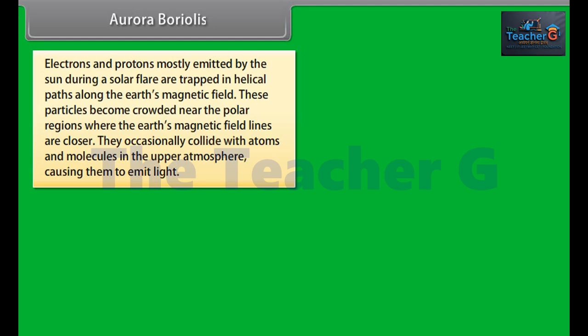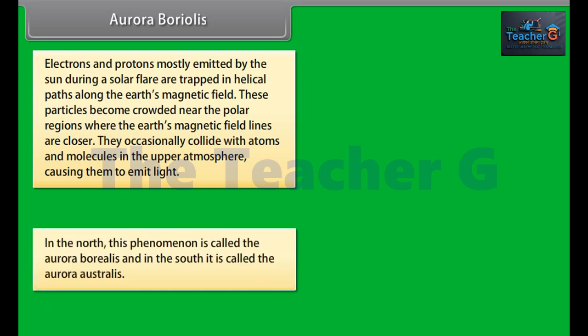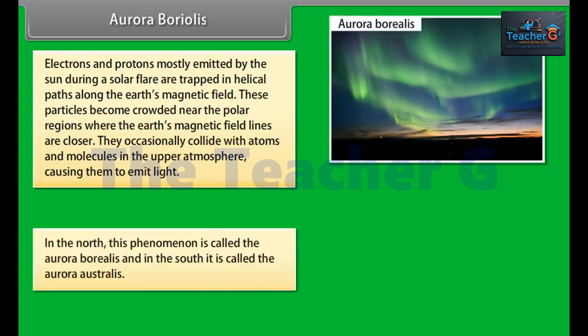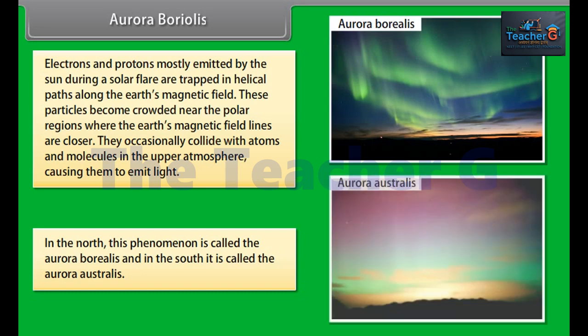These particles become crowded near the polar regions where the Earth's magnetic field lines are closer. They occasionally collide with atoms and molecules in the upper atmosphere, causing them to emit light. In the north, this phenomenon is called the aurora borealis, and in the south, it is called the aurora australis.